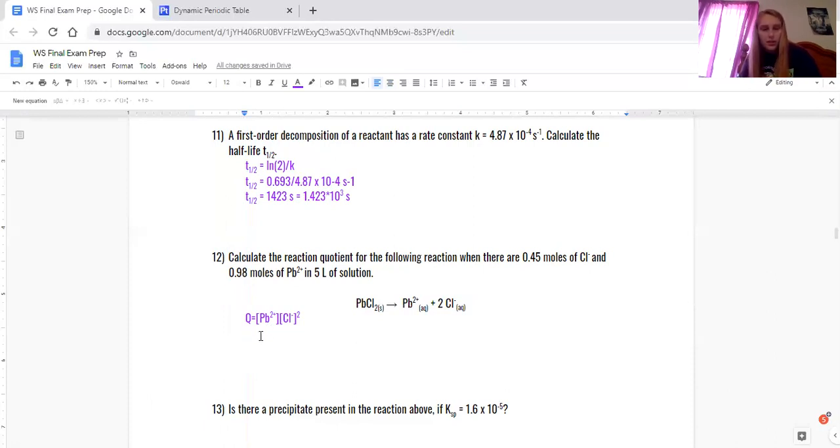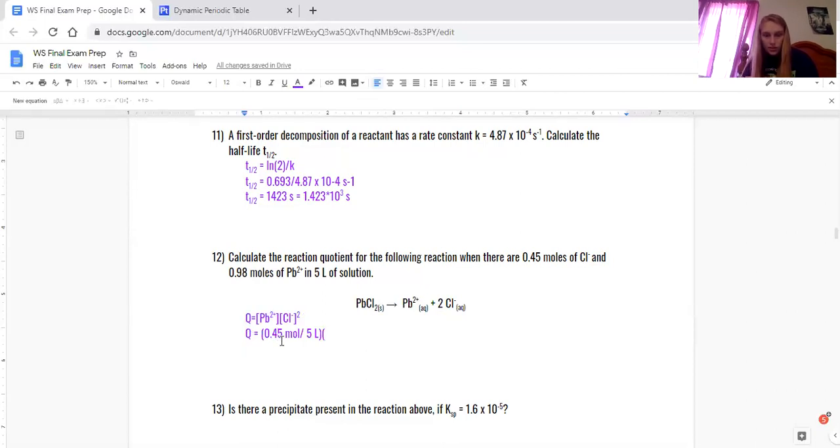Okay, so we now have our Q equals 0.45 over, that's our moles per liter, so for our 5 liters, times, oh, whoops, I switched those.